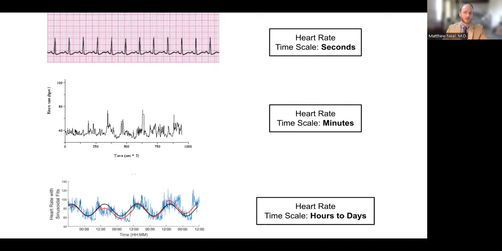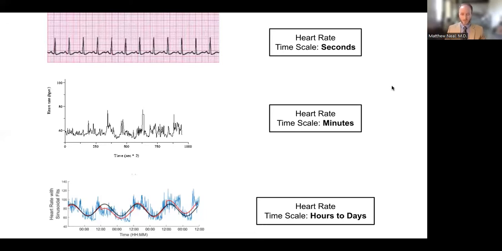And so if we look at heart rate on the scale of minutes, that's still not going to show us the full pattern of the dynamic system that is the beating heart. So we can zoom out even further and graph heart rate over hours to days, and we see this sinusoidal pattern emerging. And that's the circadian rhythm that reflects daily waxing and waning of heart rate.